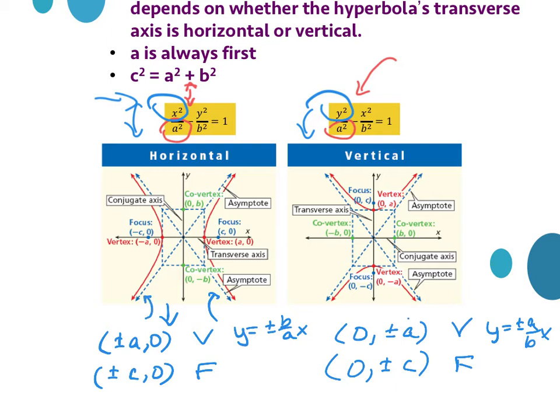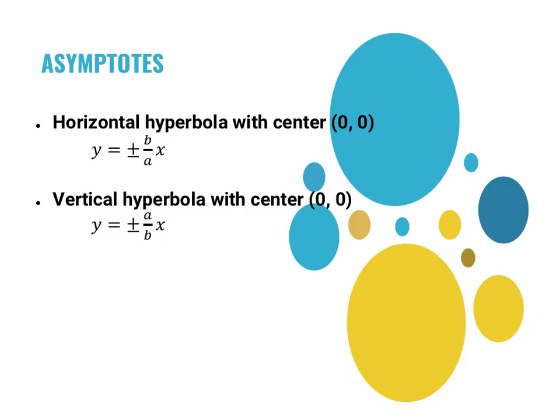And when we go to graph our hyperbolas, we're going to graph those first. And we're going to use those as guides to make our hyperbolas. So we're going to think of them sort of like a wall or a boundary to make our graph skim along those asymptotes.